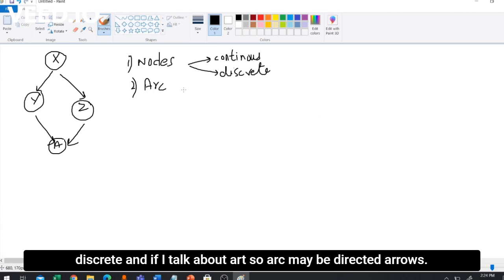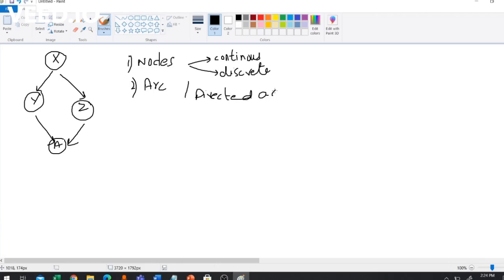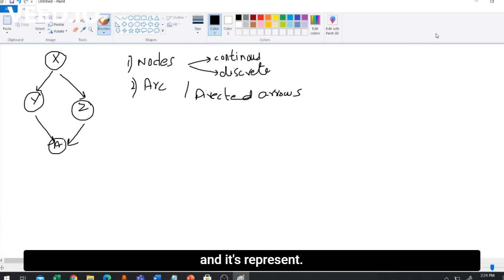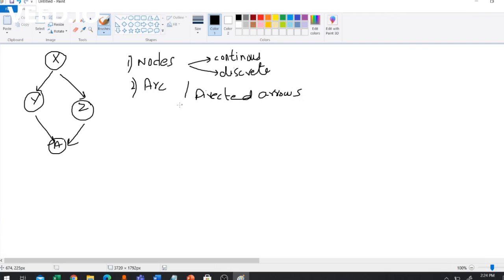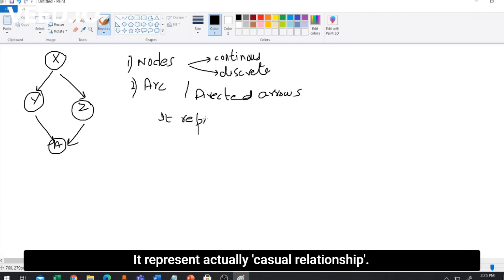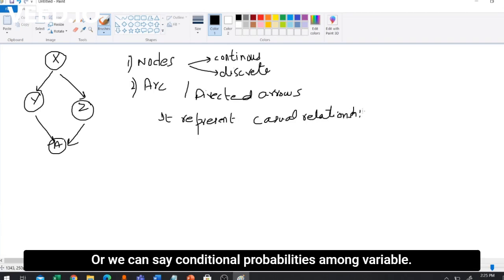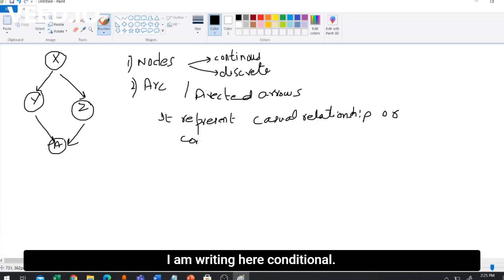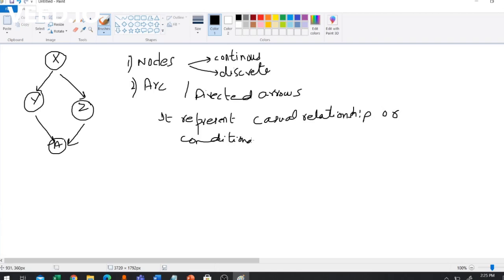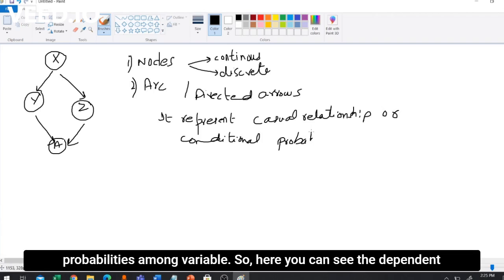And if I talk about arcs, arcs may be directed arrows, and they represent causal relationships, or we can say conditional probabilities among variables.